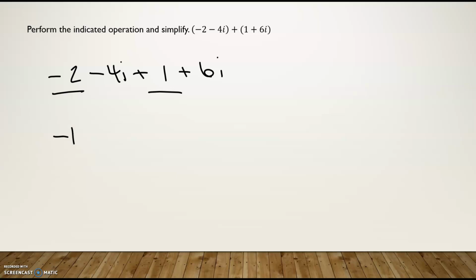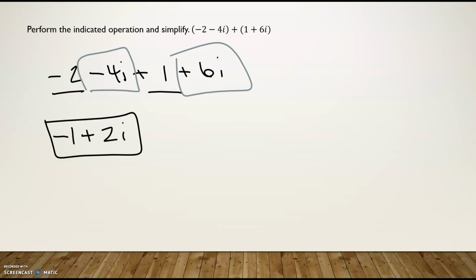And then I'm going to combine the -4i and the positive 6i. So 6 minus 4, that's going to give us plus 2i. And that's our final answer. So it's really like combining like terms.